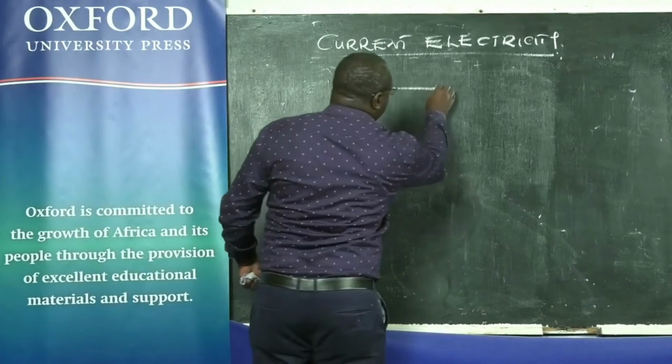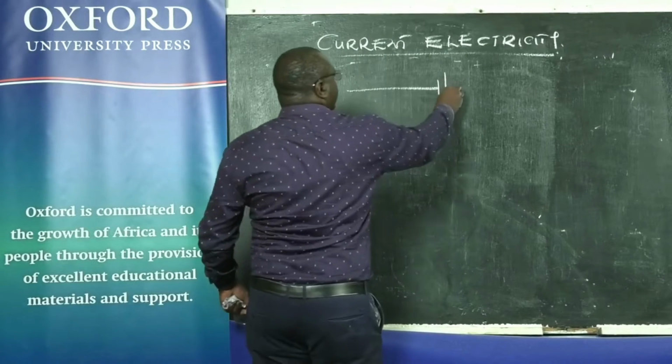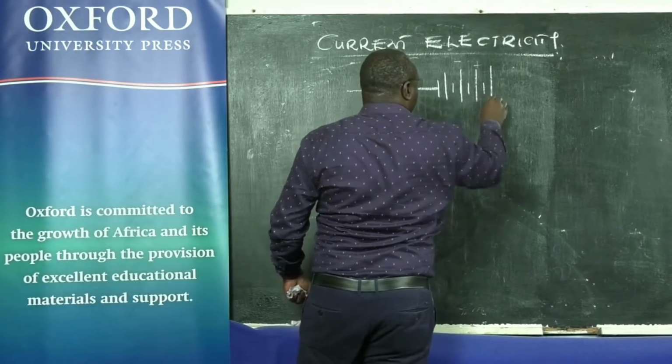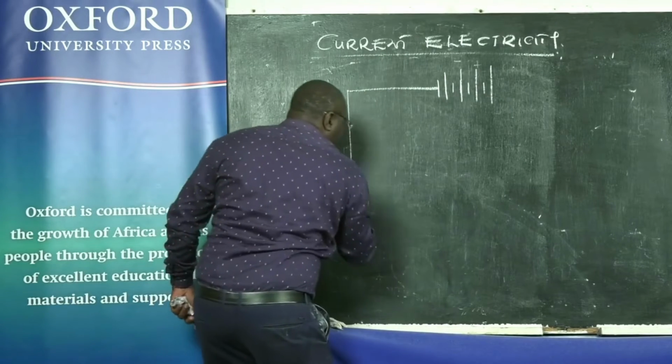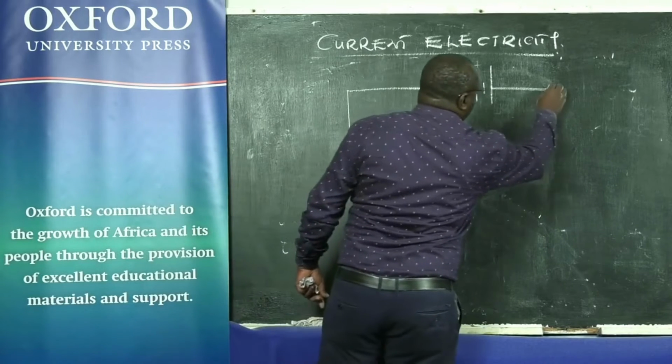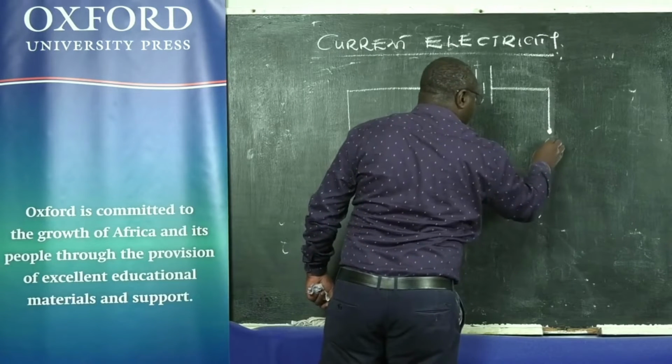So our circuit will look like this. So that one will be connected to the bulb, and that side we're going to have our switch.